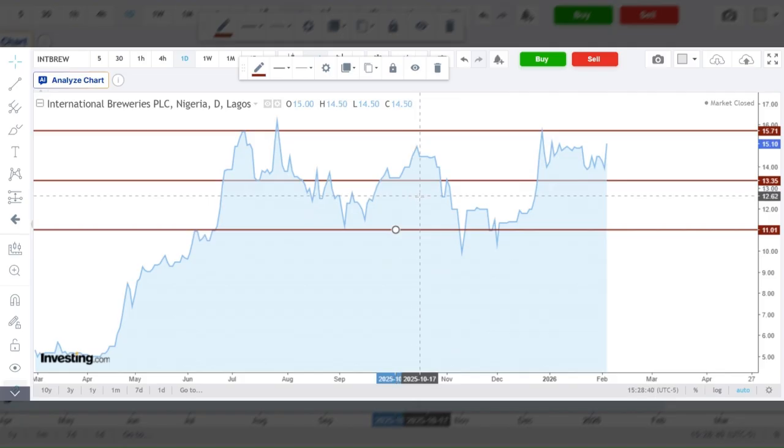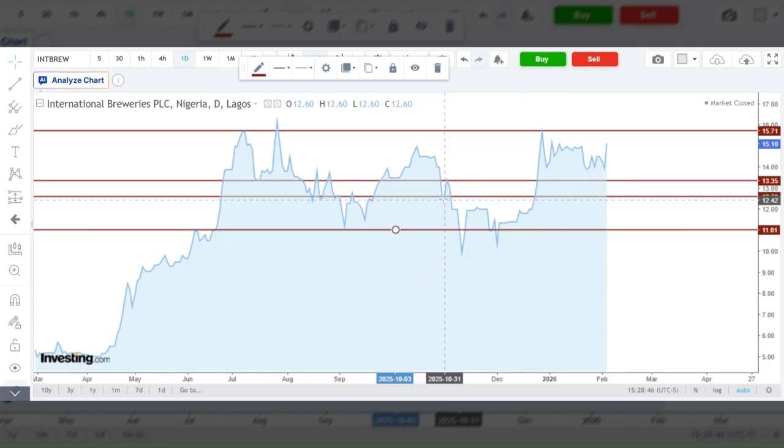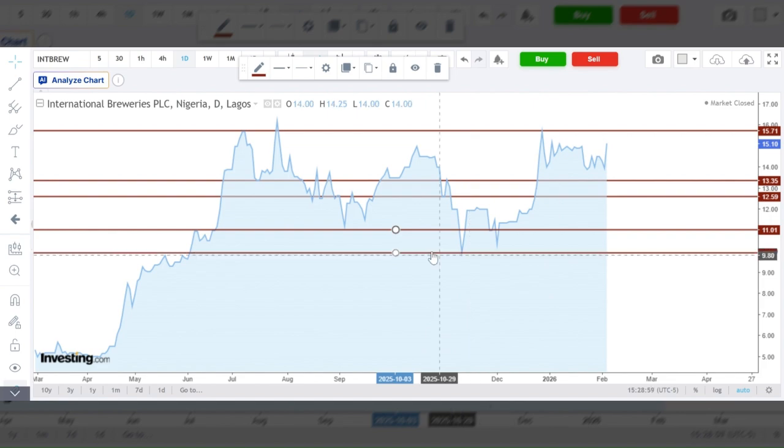Okay, this place can also add another line here because it supported, resisted, and broke out a bit. For here, I don't think so. Okay, yeah, oh, this is another good one. All right, because it touched this.